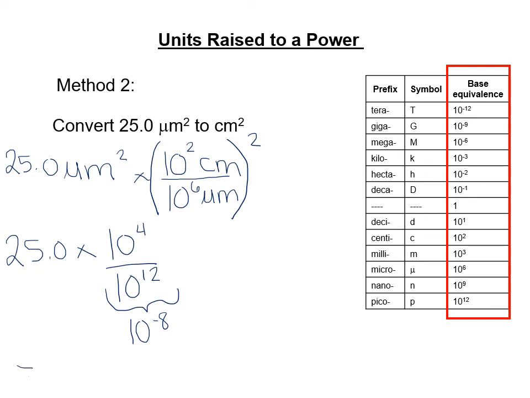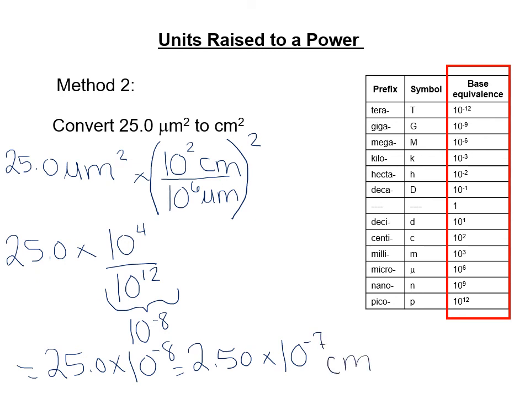So this becomes 25.0 times 10 to the negative 8. And just like before, it's the same thing as 2.50 times 10 to the negative 7 centimeters squared.